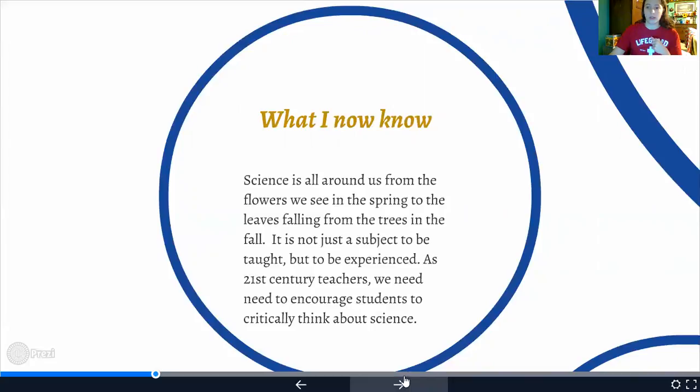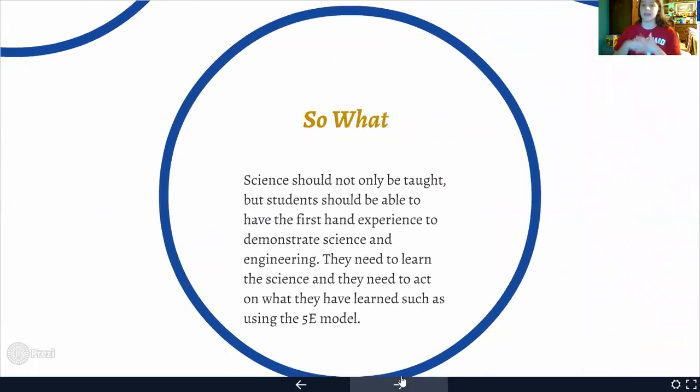And the good thing about NGSS is that it forces students to critically think about the outcomes, to think about just experimenting with whatever is being taught, and then "so what?"